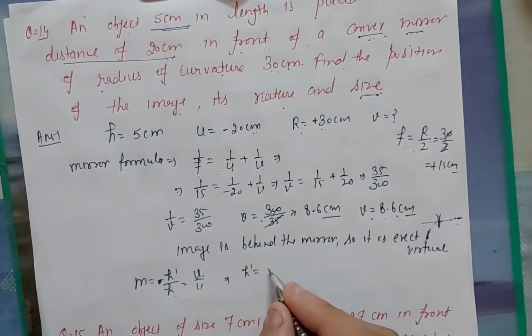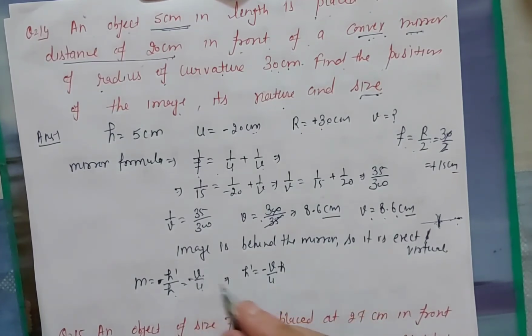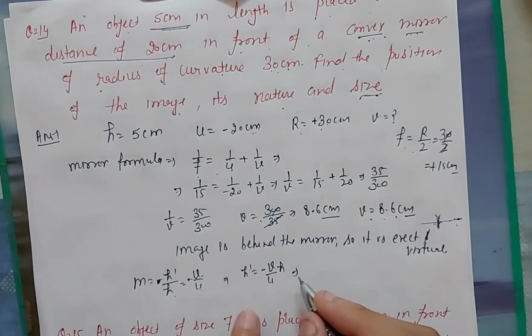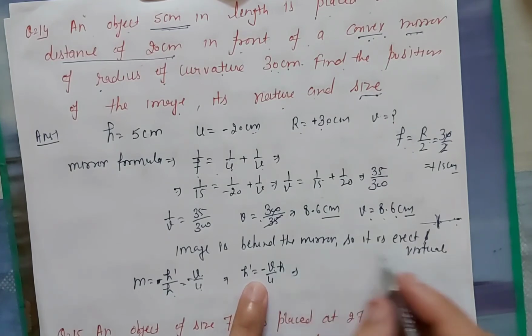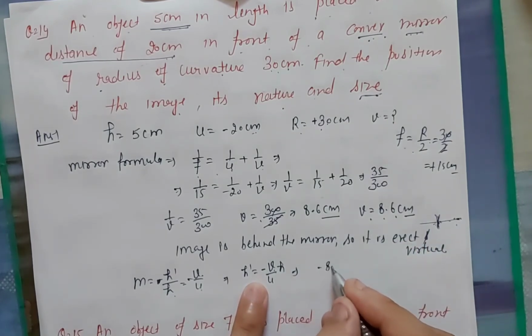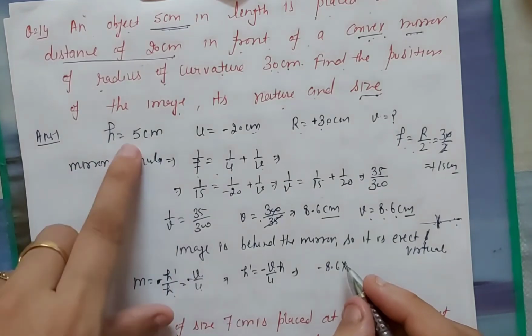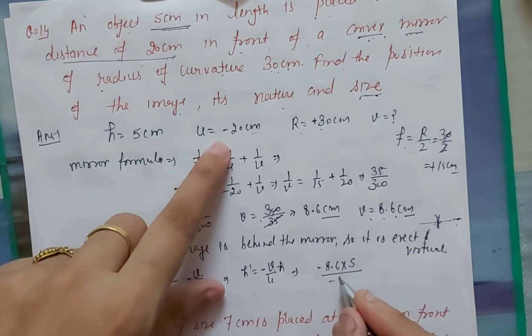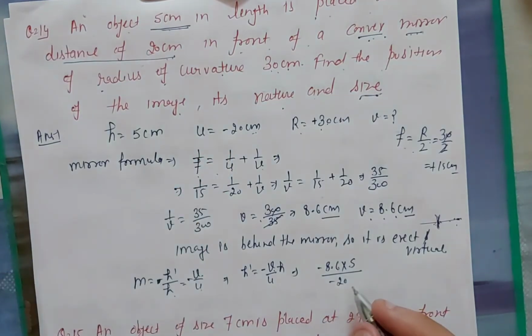So h dash is equal to v divided by u times h, and u is minus also. So put all the values. The v value is 8.6, the h value is 5, and the u value is minus 20. So cut minus with minus.